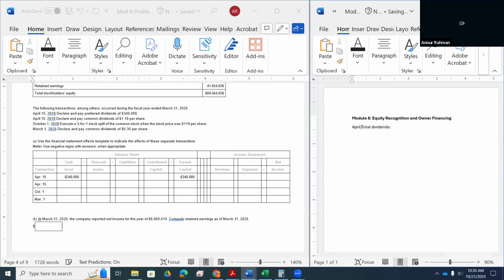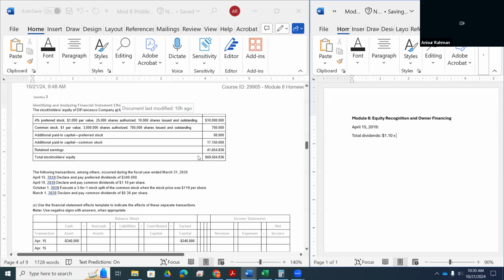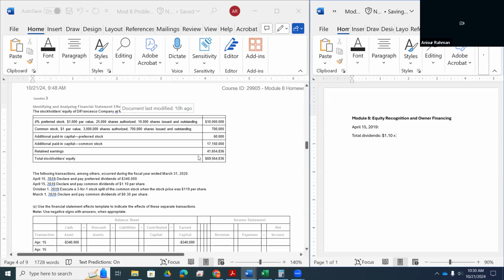Total dividends will be $1.10 multiplied by the number of common shares outstanding.